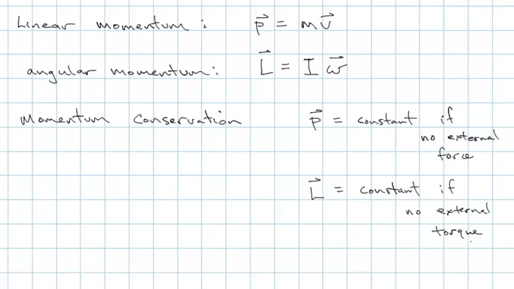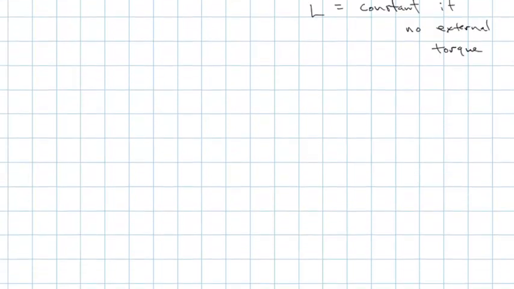And we can say the same thing for our angular momentum L, that it's going to be constant if we don't have any external torque acting on our system. So we're going to use this to solve problems where we have things colliding in a rotational way. So let's do a quick example.